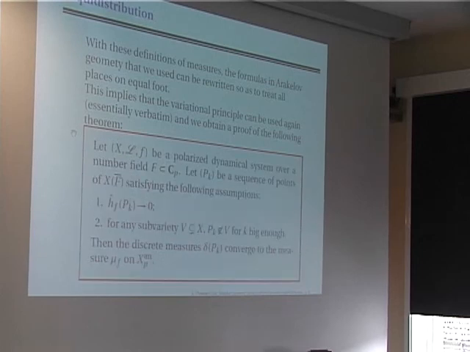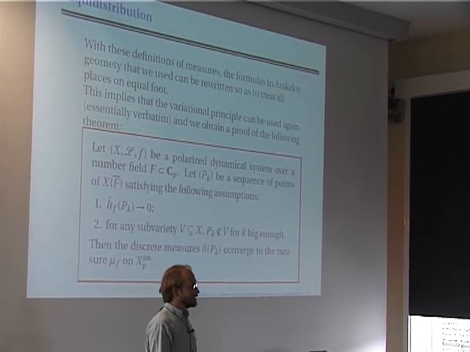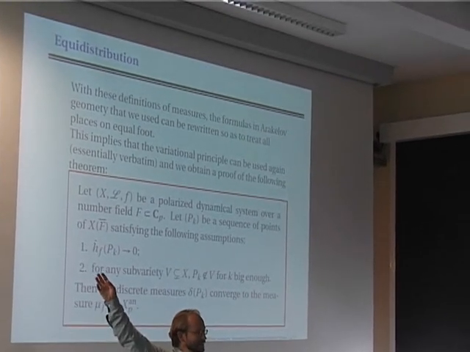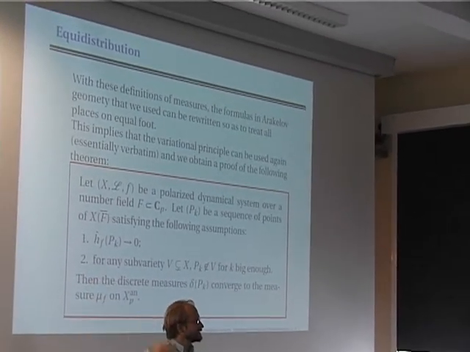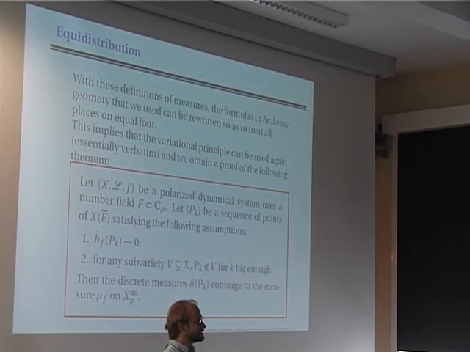And so with all these definitions that I have shown you, all the variational principle and so on goes exactly through in the non-Archimedean context. One just needed to understand these measures, how to make them live, and then all the machinery from Arakelov geometry goes through.